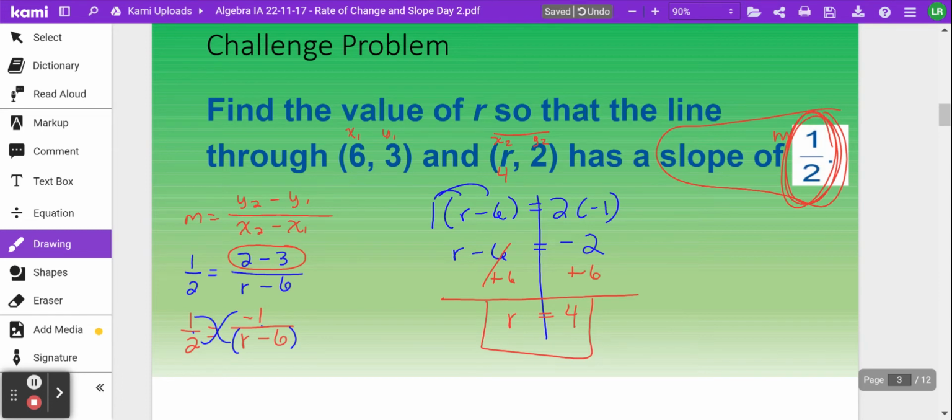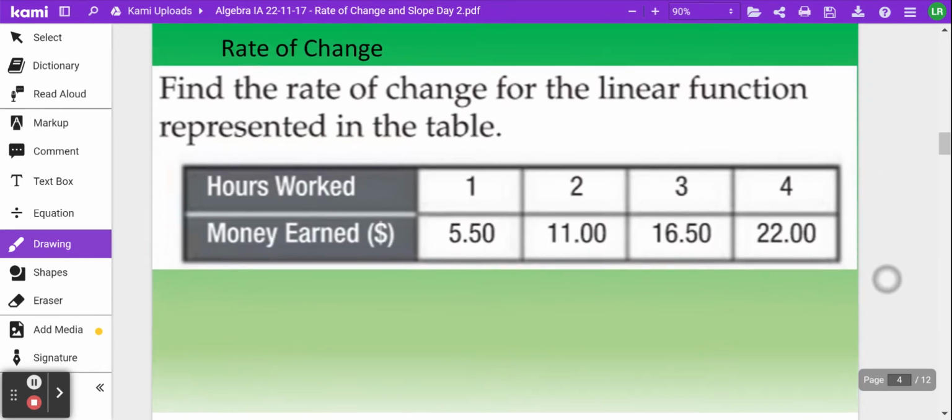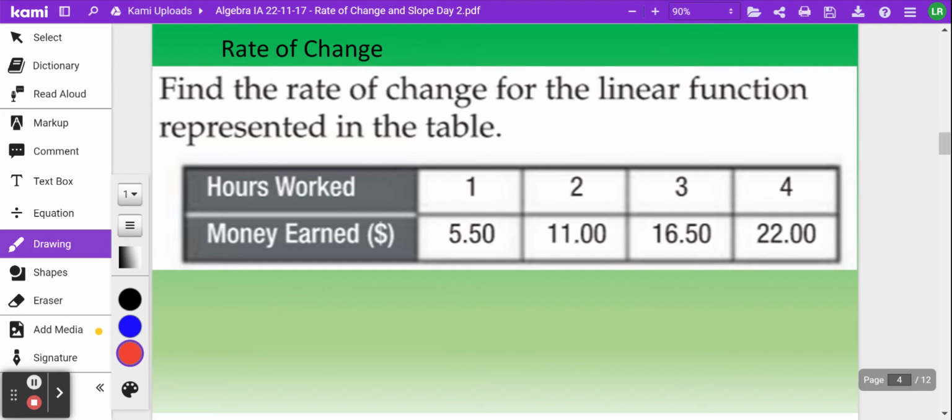Now, we'll come back to this in a little bit, but let's focus on some of the rate of change problems that are going to be on our quiz. This first one says find the rate of change for the linear function represented in the table. I wanted to do this one because notice the table is written horizontally, and we normally see our tables written vertically.